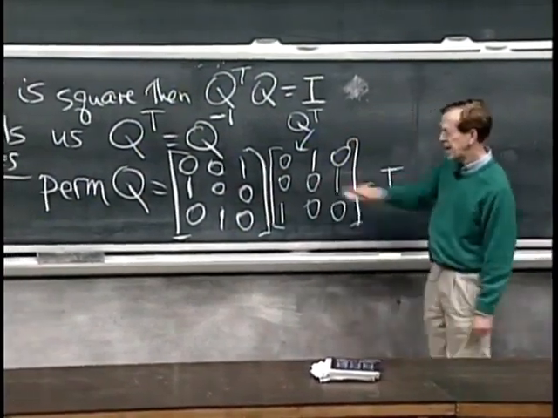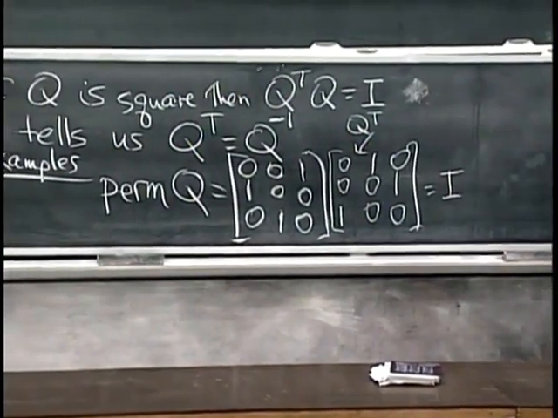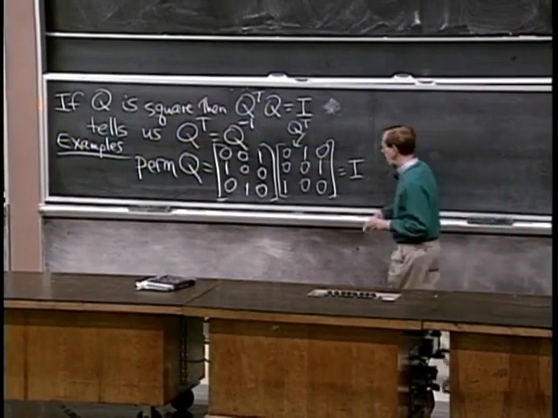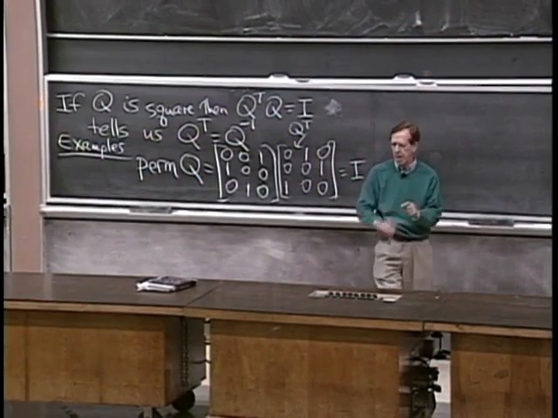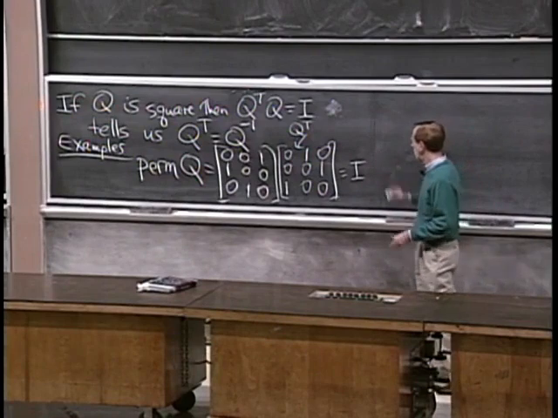But those are really easy examples, right? To get orthogonal columns by just putting ones in different places is like too easy. So let me keep going with examples.